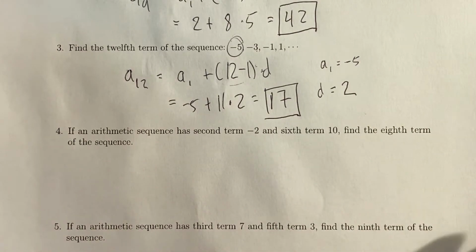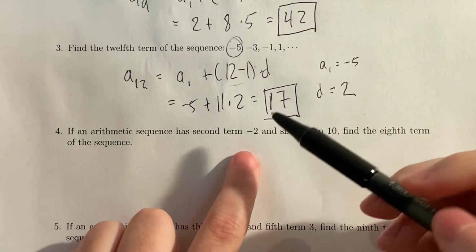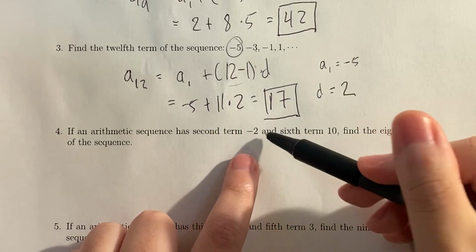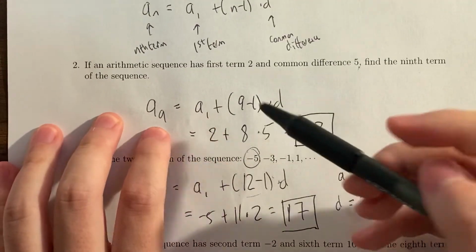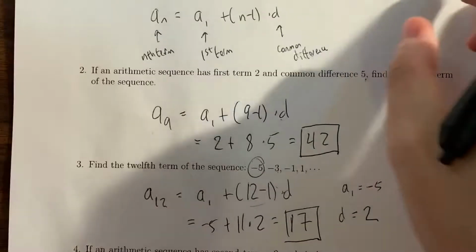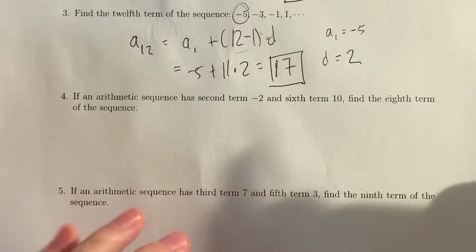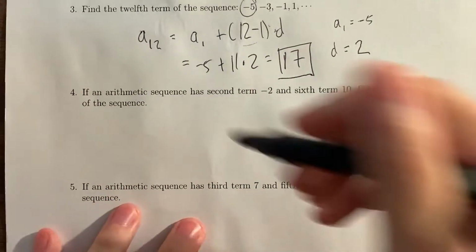I'm going to set up a system of equations. We're not using the formula to solve for these terms. We're using terms to solve for A1 and D, as we'll see. Hopefully you'll tell as I do these questions what is going on.